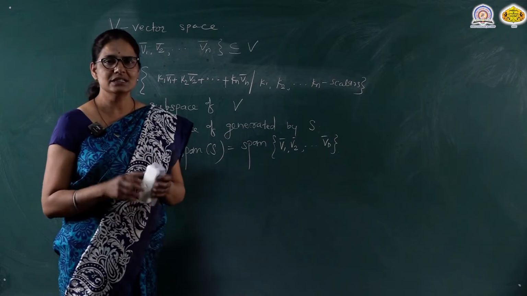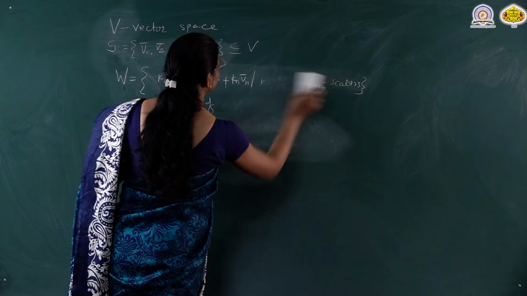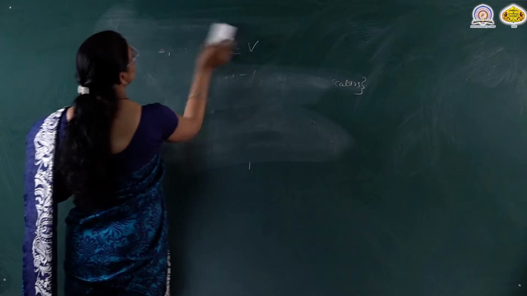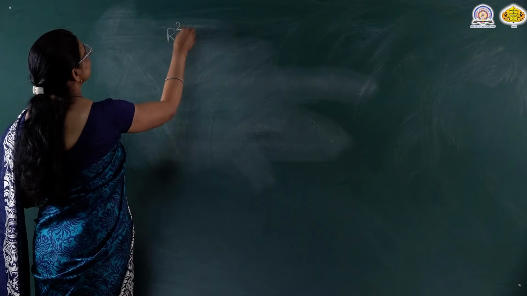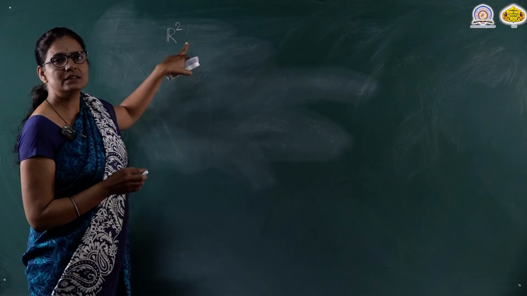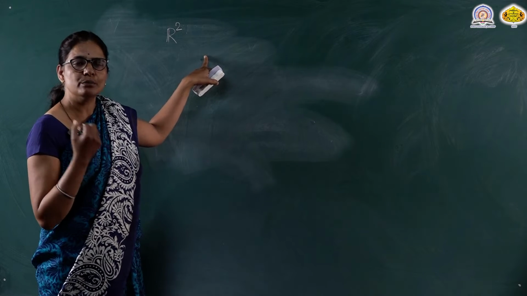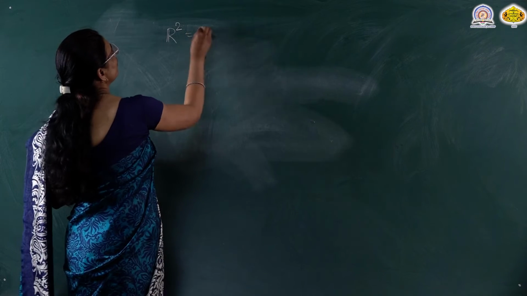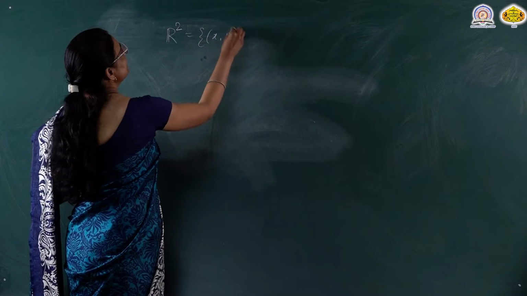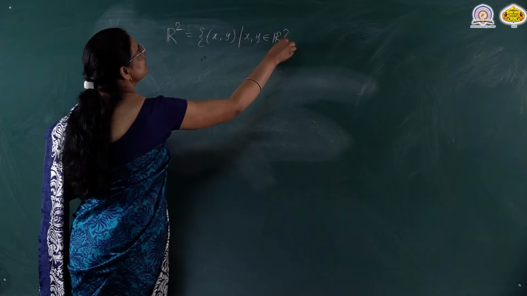So now let us consider some simplest examples. First we start with R2. We consider the vector space R2 with standard operations, that is, component-wise addition and component-wise scalar multiplication. We know that it is the set of all ordered pairs xy such that x and y are real numbers.